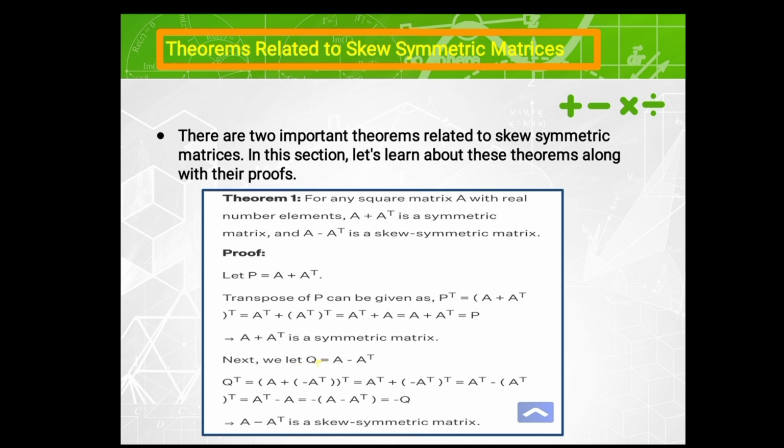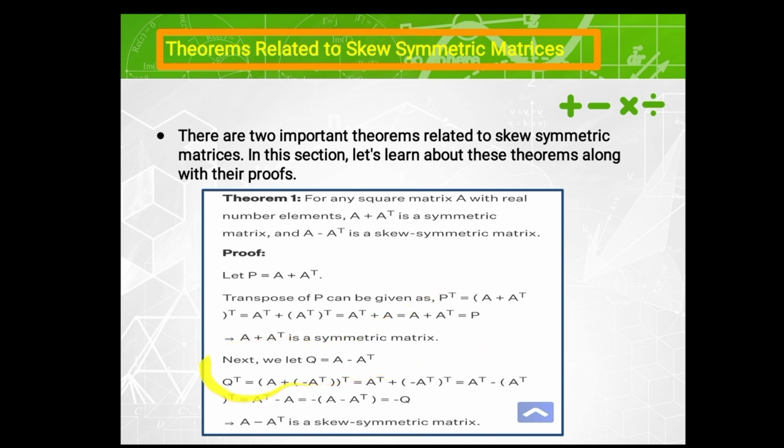We know that (A transpose) whole transpose is A. So A transpose plus (A transpose) whole transpose is equal to A plus A transpose, which is P. Then A plus A transpose is the resulting matrix P.